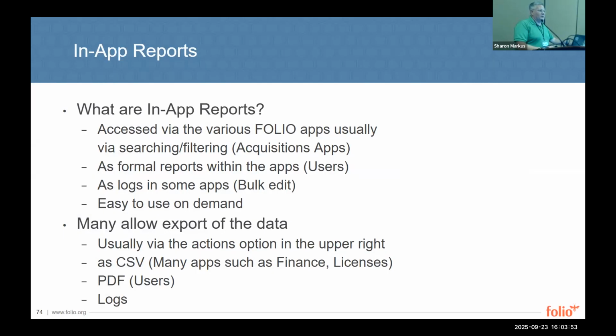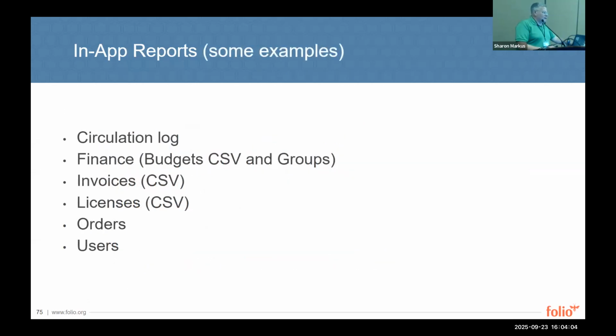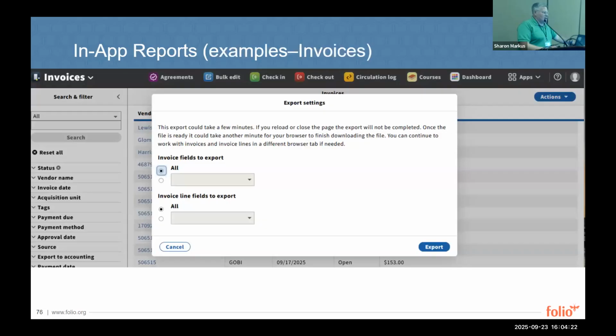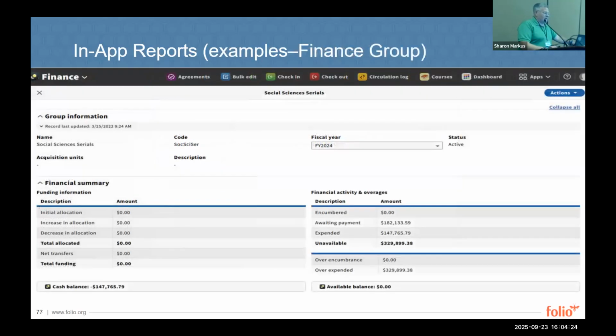Export of data is usually as CSV, occasionally as PDF, and it's usually done in the actions menu in the upper right corner of things like finance, invoices, licenses, orders, users, circulation log. These can be part of your reporting solutions as well, and things that people can use quickly. I'll just skip this.